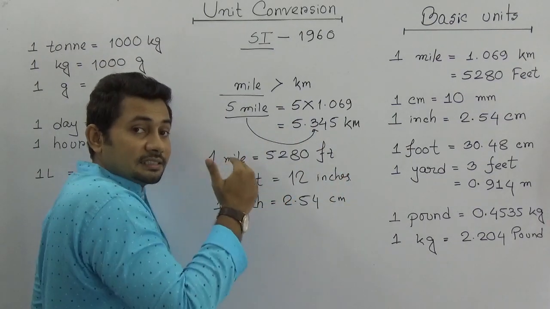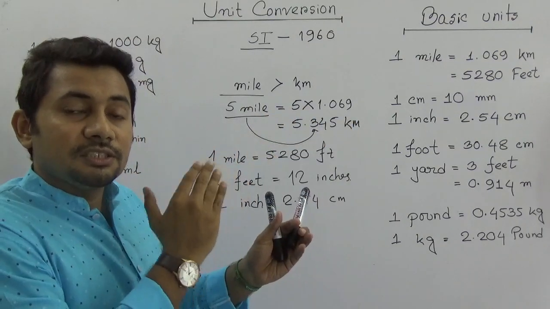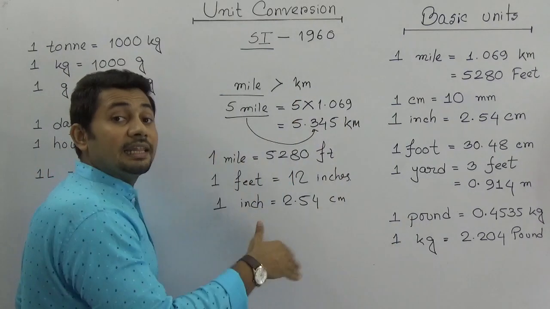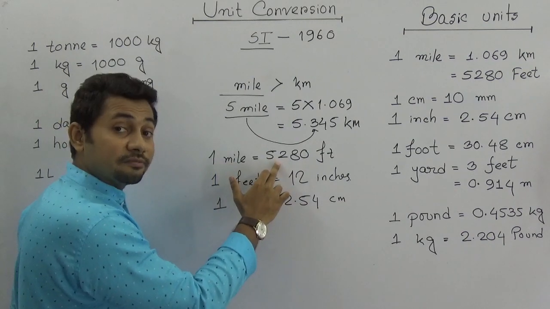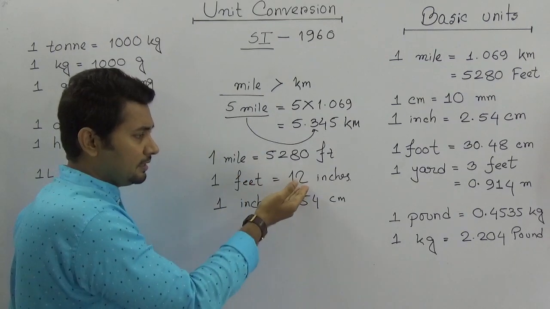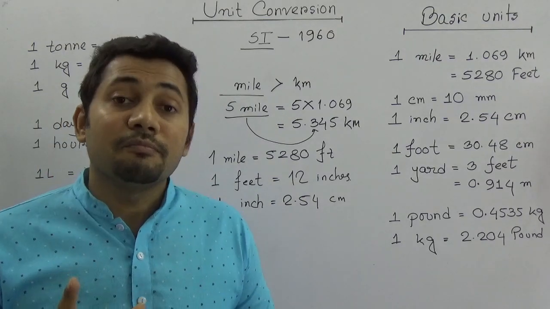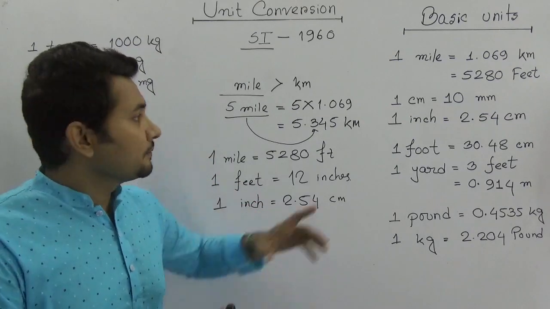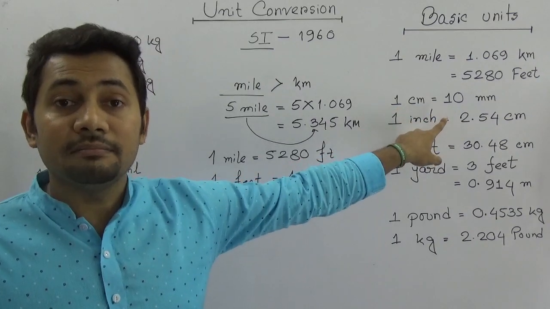As this class is about unit conversion, we need to focus on how we can exchange from one unit to another, because these are all about length. A mile is about 5,280 feet. 1 foot is equal to 12 inches, which is well known to us. And of course, those who are fond of mathematics or physics, take this class as your basics. 1 centimeter is equal to 10 millimeter.